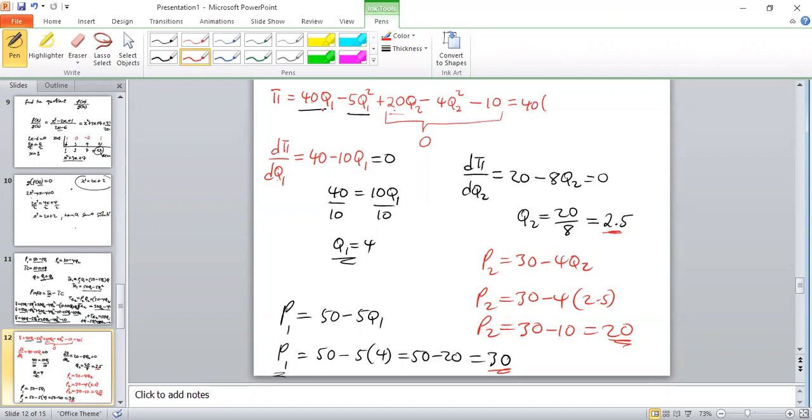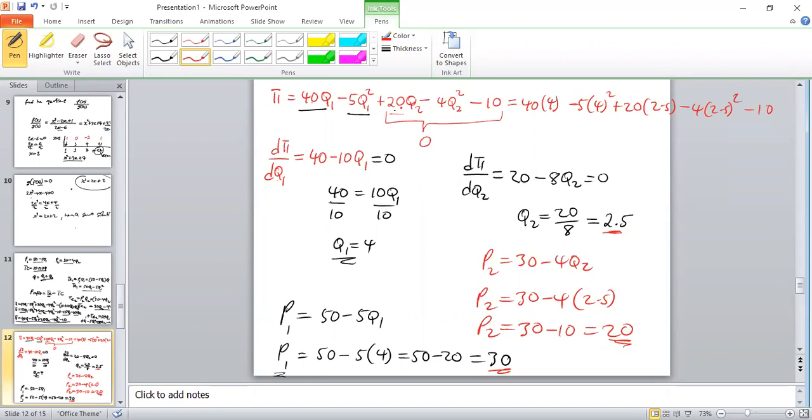Then you put Q1 as 4 minus 5, Q1 was 4 squared, then plus 20, Q2 was 2.5 minus 4, 2.5 squared minus 10. The rest is just your arithmetic. That is if they wanted the maximum profit. Now they just wanted the value of P and Q.